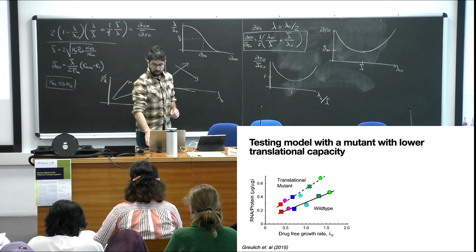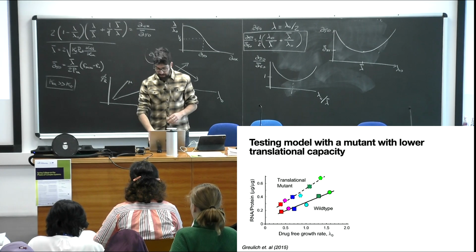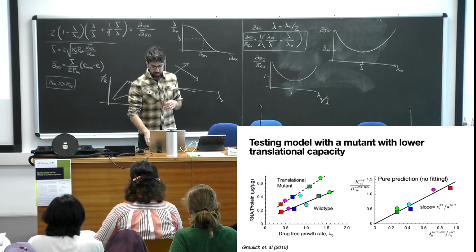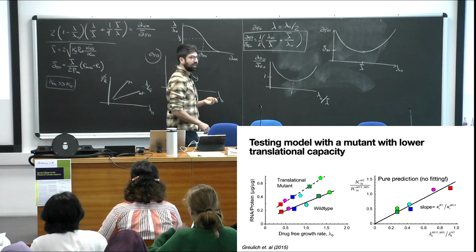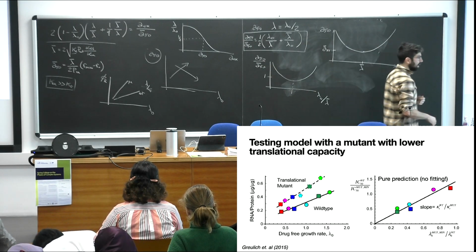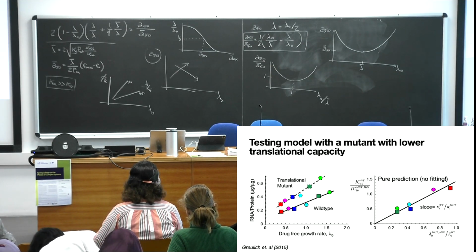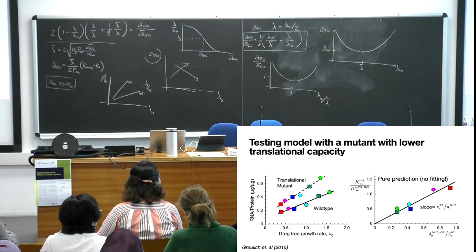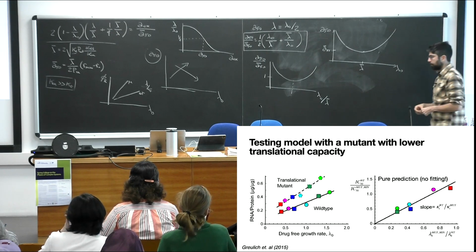Good. Okay. So what I want to do in the second and last part of the lecture is to further extend this and use this framework to understand something about evolution. Okay, so it's something even more pushing it to the extremes.